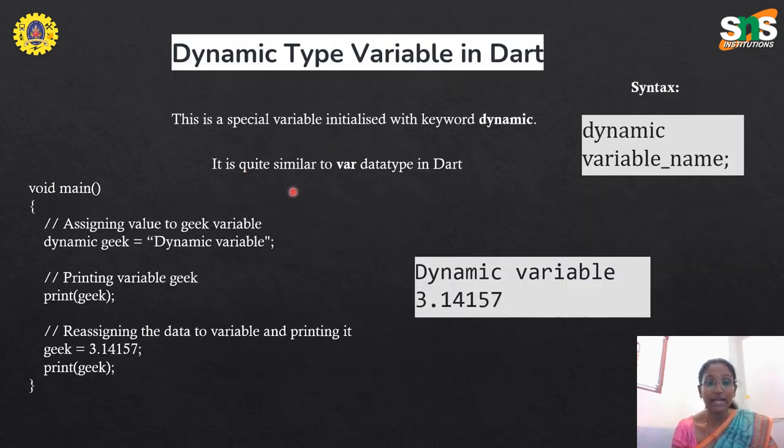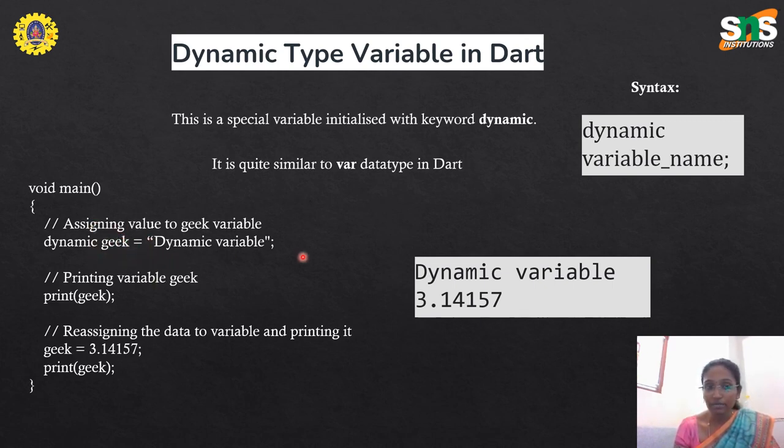And next one is the dynamic type variable in Dart. Okay, the special variable initialized with the keyword dynamic. Dynamic and variable name will be similar to the var data type in Dart. Var is a data type. Okay, it's a variable equal to, it's called a var. Here I'll give a dynamic, Greek is my variable name.